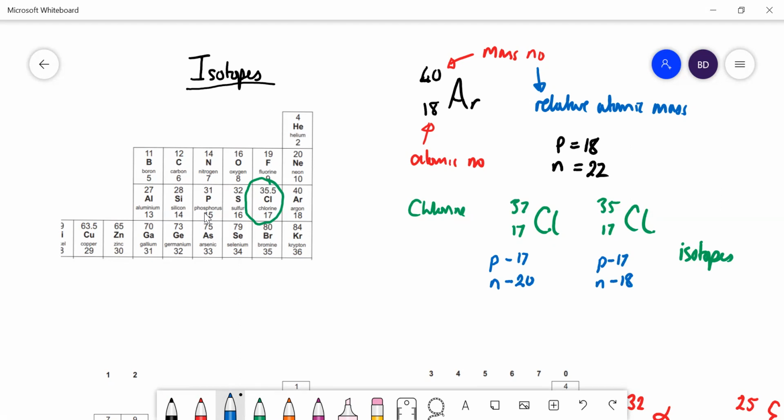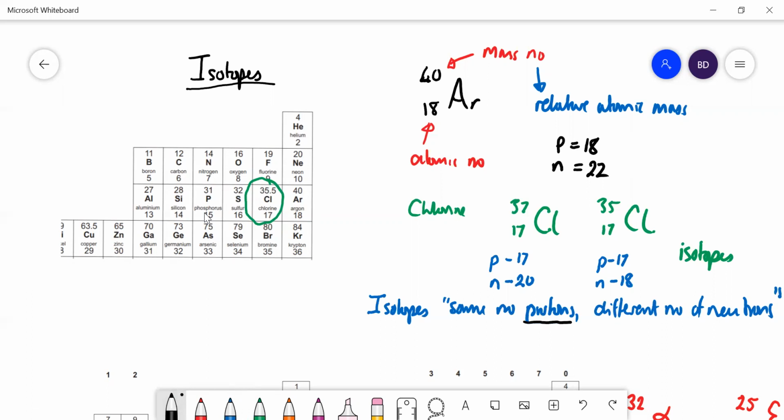So we can see isotopes, a little definition here. They're always asking this question. Same number of protons, different number of neutrons. Now, it's important to realize that if they've got the same number of protons, then they're also going to have the same number of electrons.